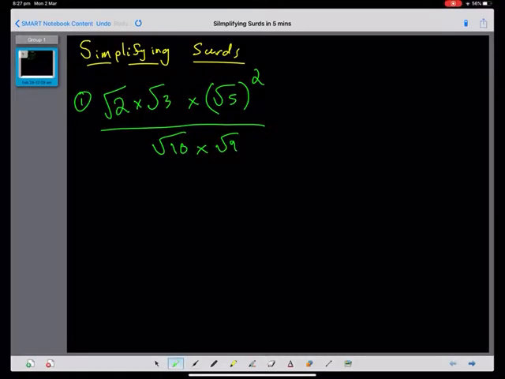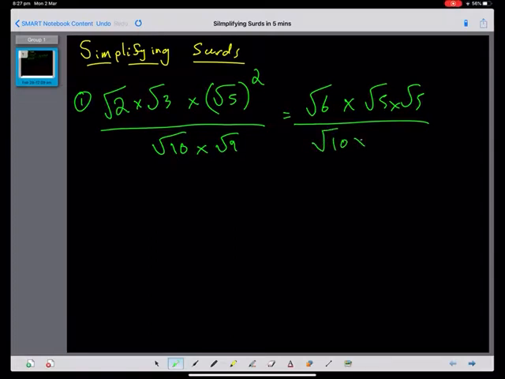Okay, so let's use our rules of square roots. So that is root 6. And then we've got root 5 times root 5 all over the root of 10 multiplied by the square root of 3.